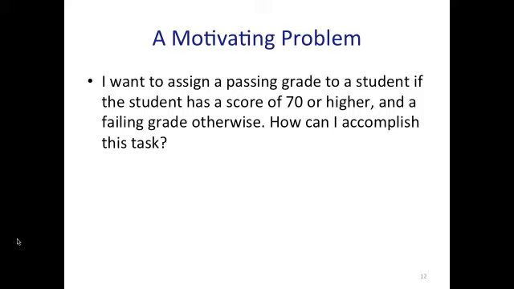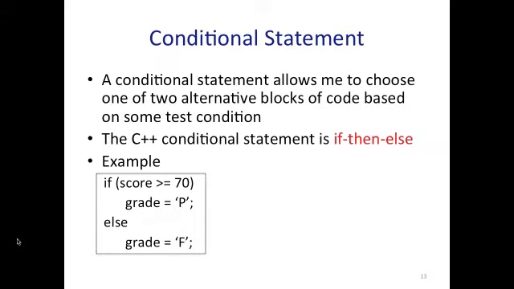Well, if you think about it, you don't have the tools right now, given what we've already taught you, to do that in a program. So C++ has a construct for it called a conditional statement. And you can see down at the bottom of this slide that I have said if score is greater than or equals 70, then grade equals capital P, else grade equals F. Now, if I asked you what are the types of these two variables, you should be able to guess by looking at the values.